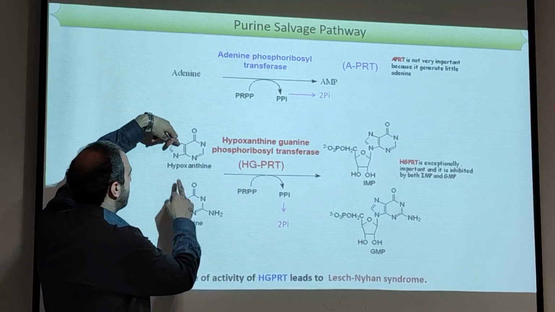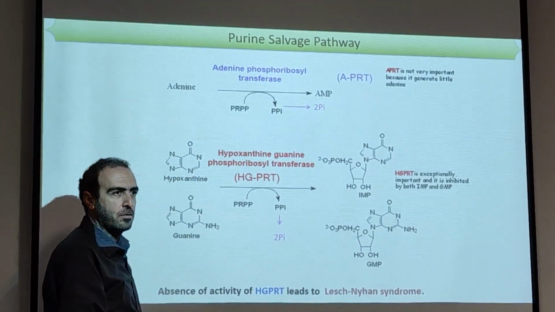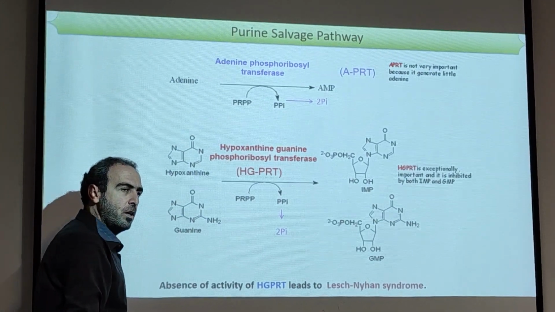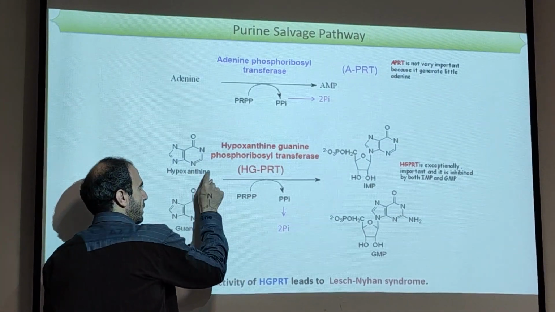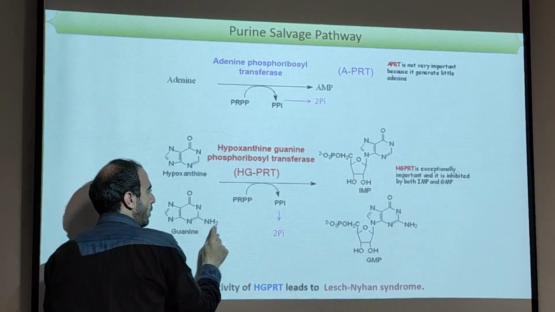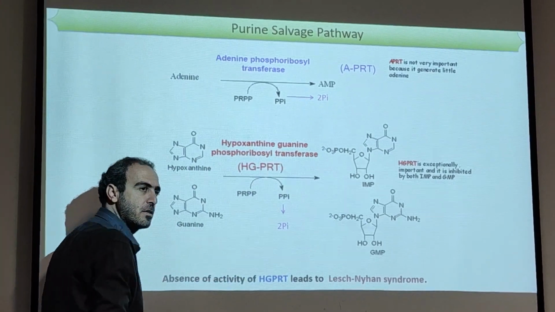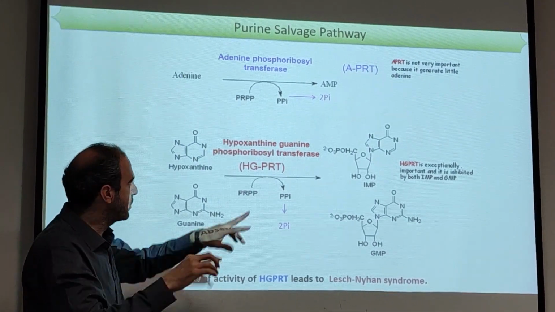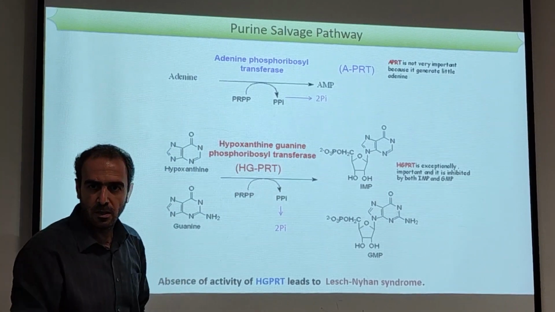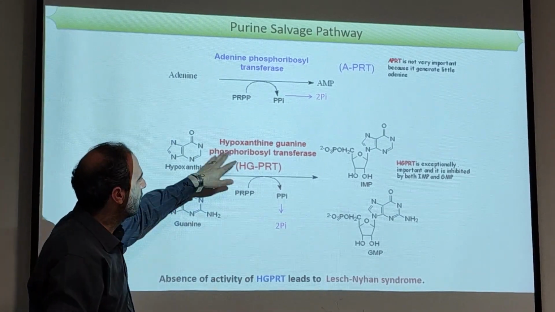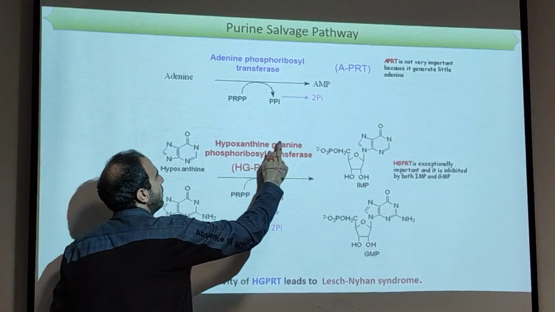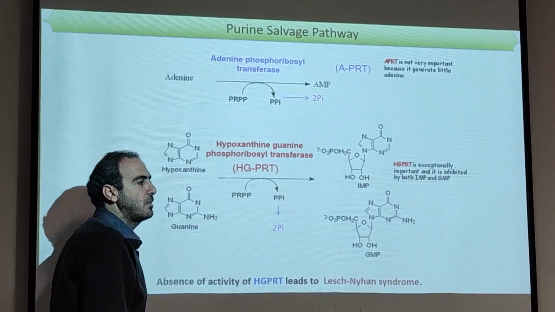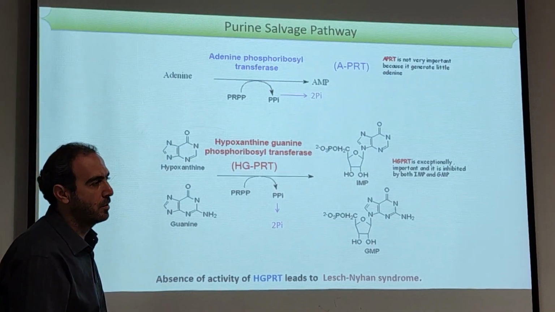But here we have two bases, hypoxanthine and guanine, and we are going to add phosphoribosyl pyrophosphate. The enzyme name is hypoxanthine-guanine phosphoribosyltransferase. The name is long, but you can abbreviate it as HGPRT.